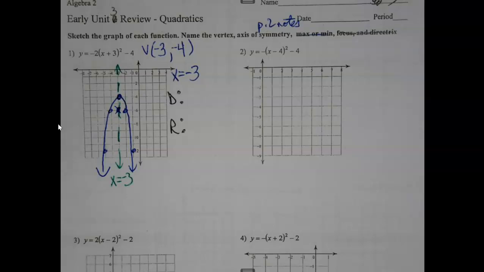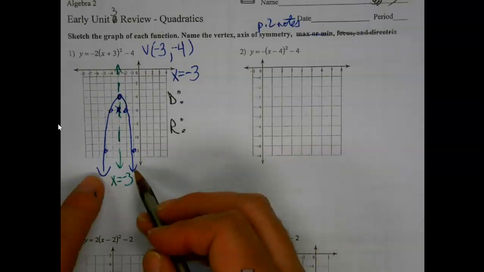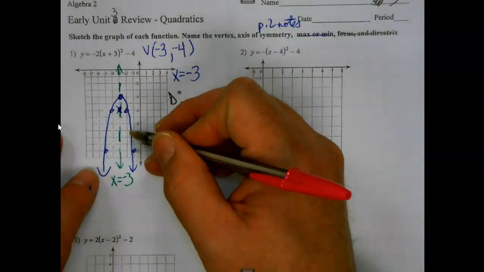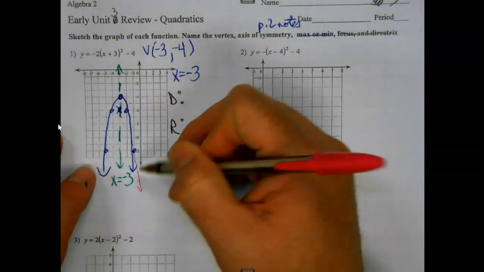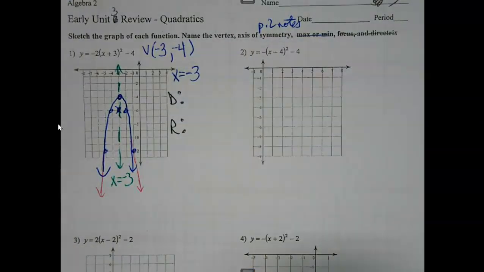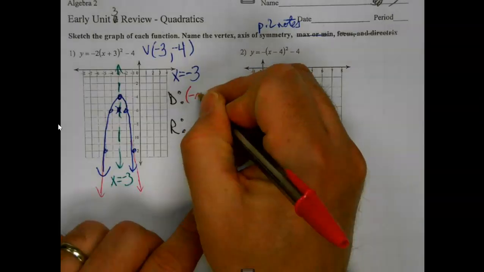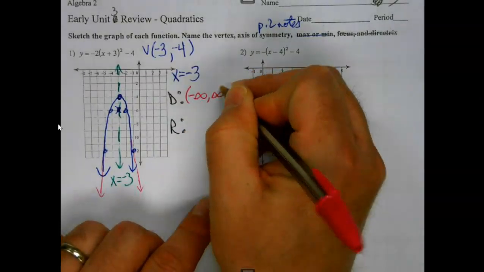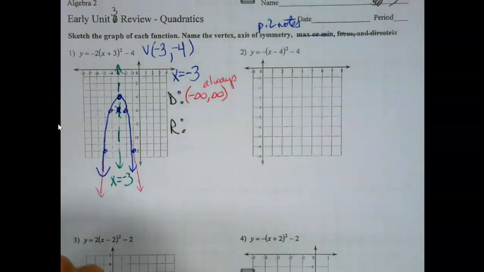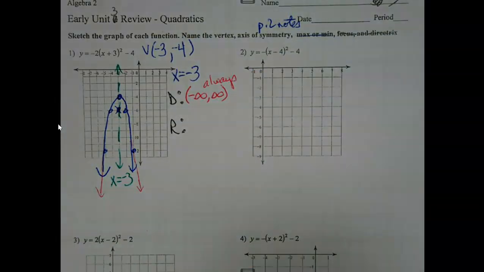If I'm doing domain and range, anytime you have a parabola, it doesn't look like this is still going out to the right, excuse me, and out to the left, but it is. Whenever you're doing a parabola of any type, your domain is always going to be infinite, no matter what. Opens up, opens down, shifted, stretched, doesn't matter. It's always going to be that way.